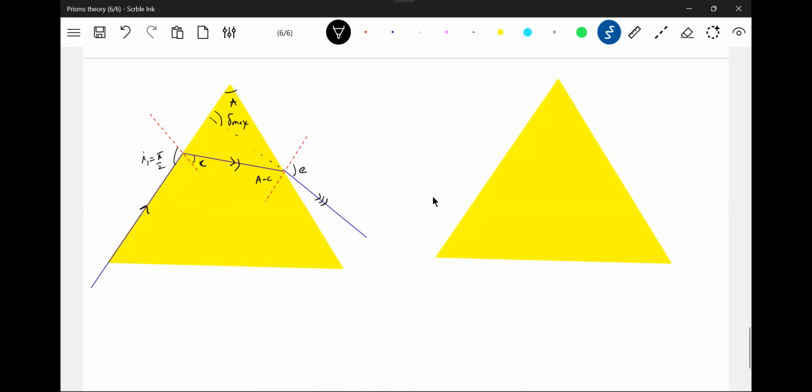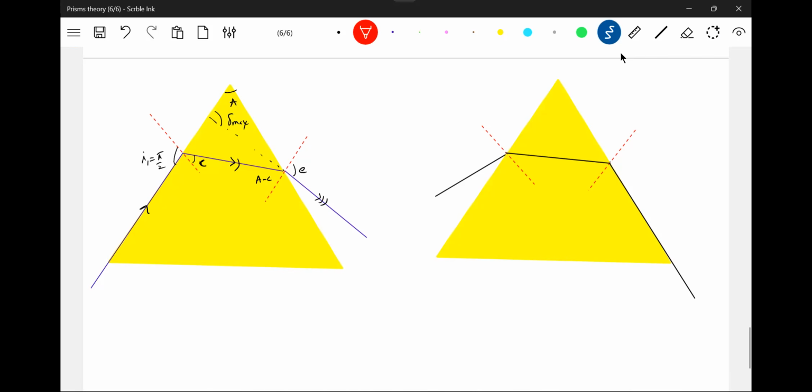Now, what about if the angle of incidence is equal to the emergent angle? This will be a very, very important discussion. You see now, this is some emergent angle, and there will be grazing emergence.